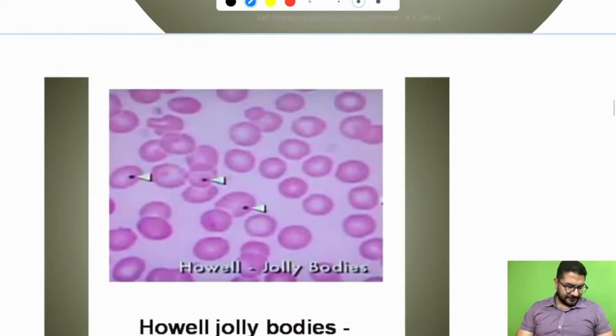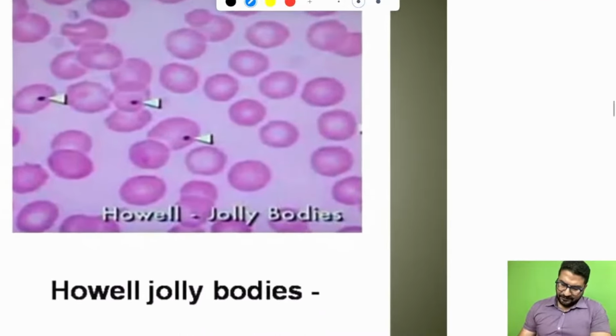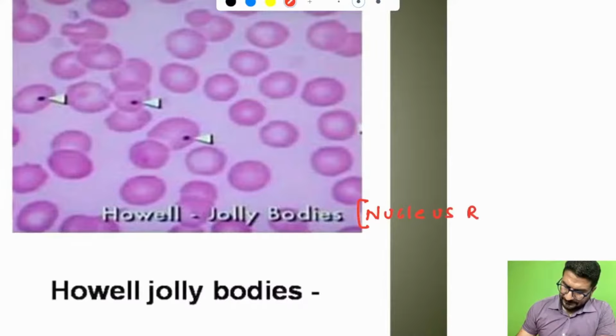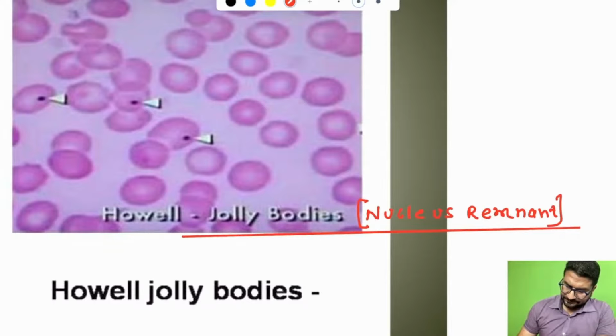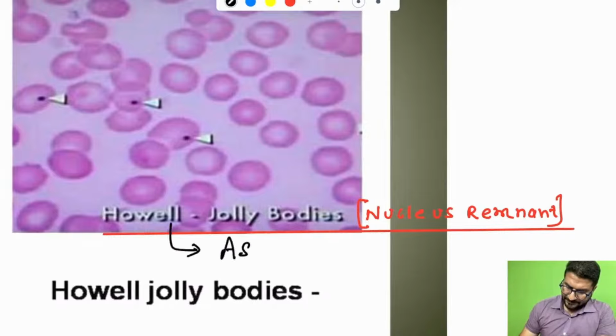Howell Jolly bodies. So what are Howell Jolly bodies? You can see इसके अंदर एक ब्लू कलर का दिख रहा है कुछ, so this is called like a nucleus remnant. So Howell Jolly body is nothing, it is a nucleus remnant. And where we see this, कहाँ मिलेगी Howell Jolly bodies? Understand this thing, Howell Jolly body you will see in any patient who doesn't have spleen.